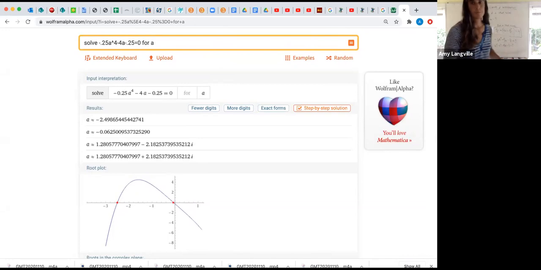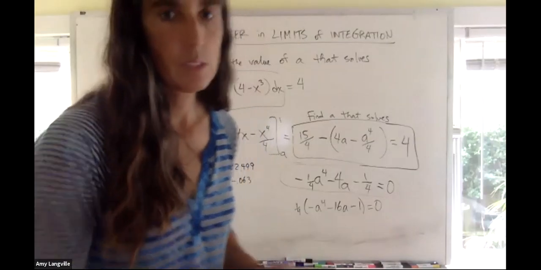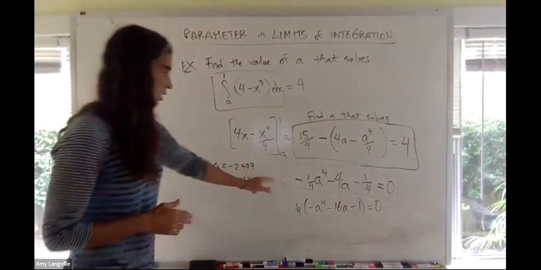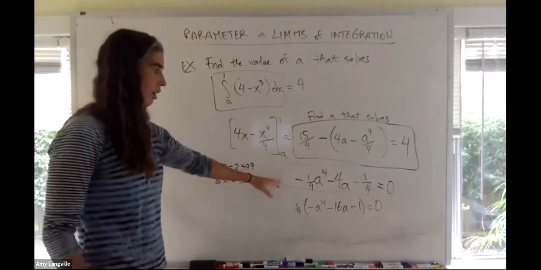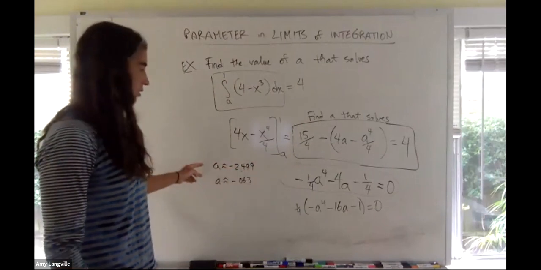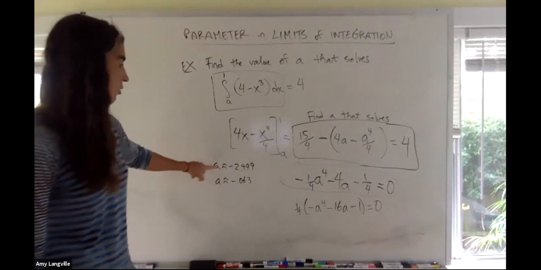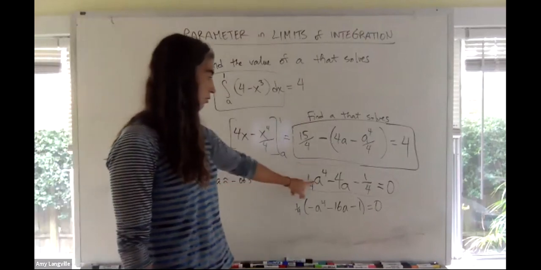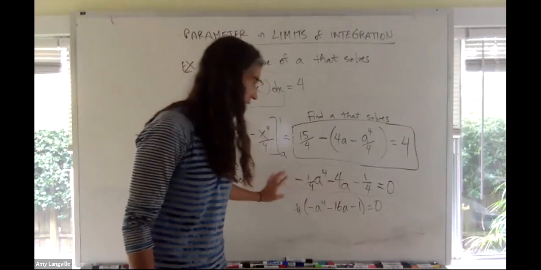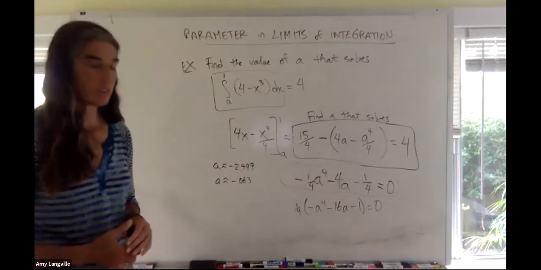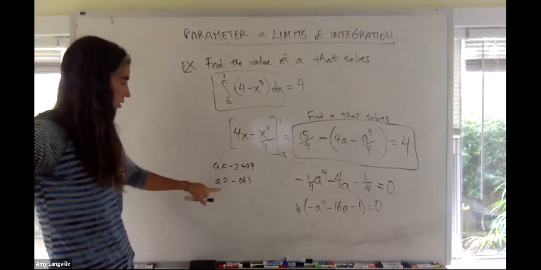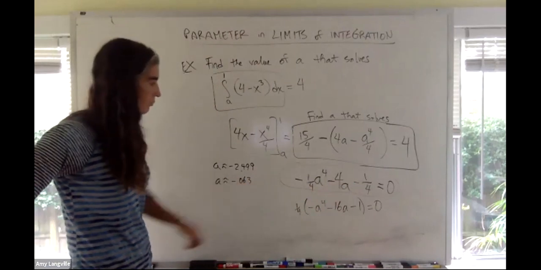Okay, so the tech tool solved this equation and said these values of A are the real values that will work. How would you check? You take A equals minus 2.499, plug it in for A here and there, check that it does equal 0, and it will. It's a tech tool. You do the same thing with the other one, minus 0.063.